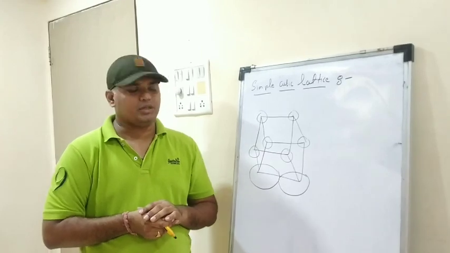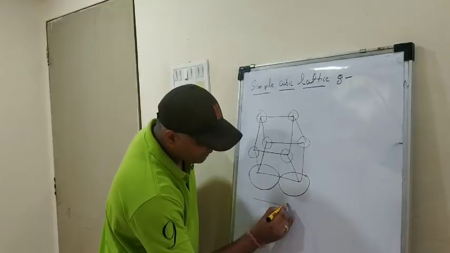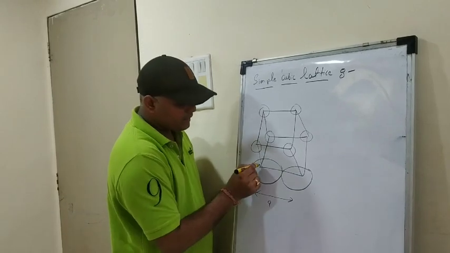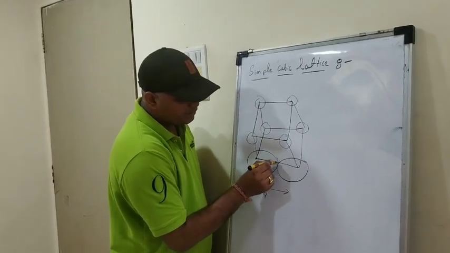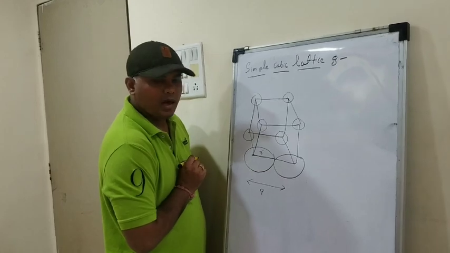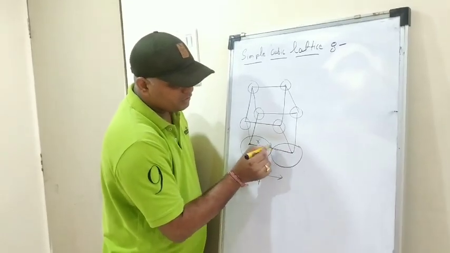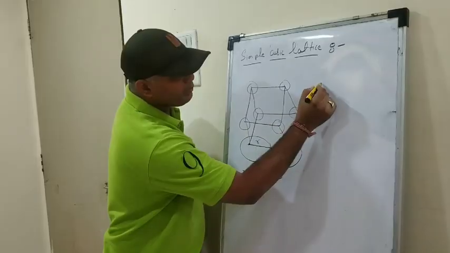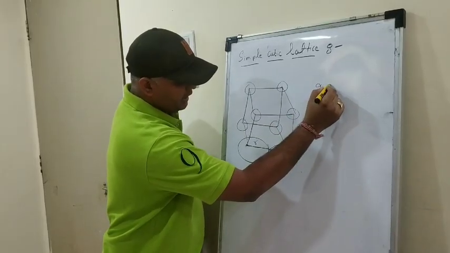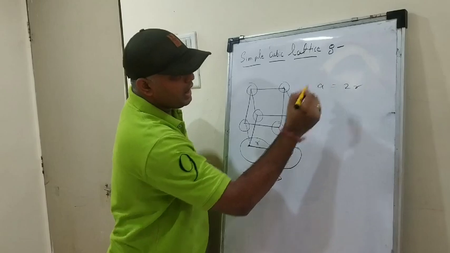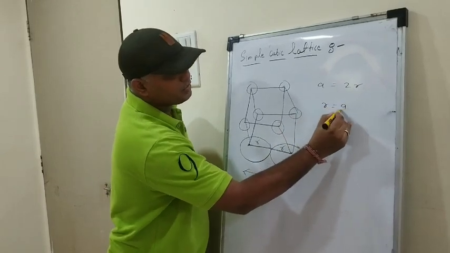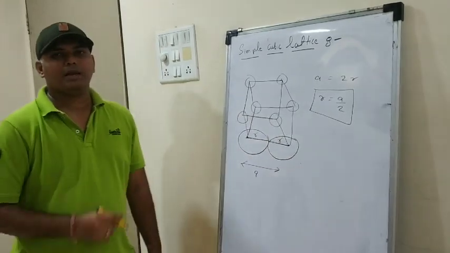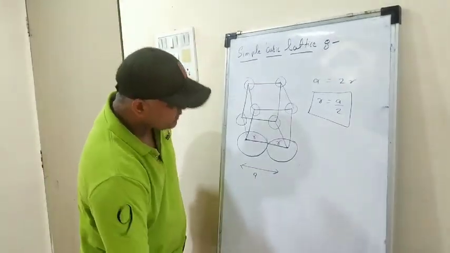They are touching each other, right? So this particular length becomes the A, that is the edge length of the unit cell. Then from the center to the outermost, it becomes one R. Then from the center to this outermost, it becomes another R. So here we can make the equation A is equal to 2r, r is equal to a by 2. So this is the value of the radius for the simple cubic lattice. I hope that you have understood this.